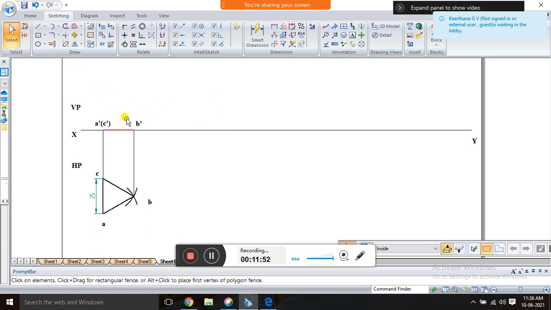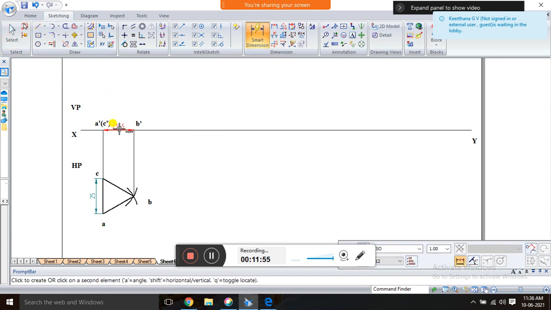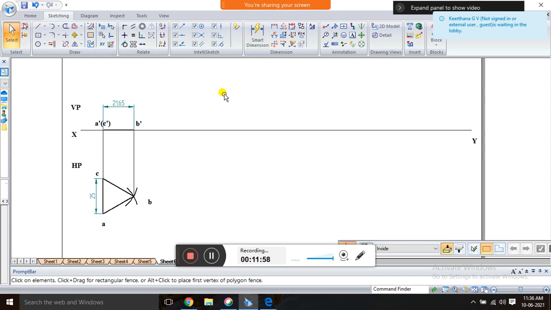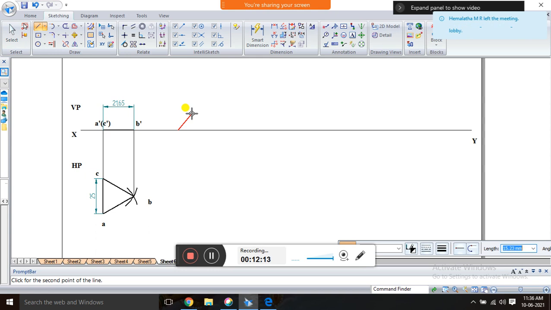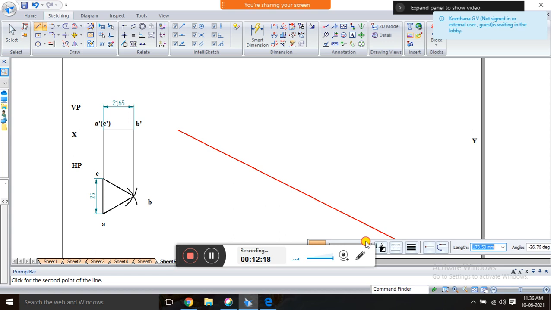Whatever the distance, just measure it with the scale: this A dash to B dash distance is 21.65 mm. So at any convenient distance, draw a line of 21.65 mm with the help of scale, at an angle of 60 degrees.